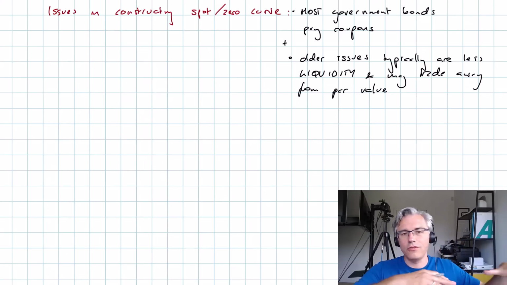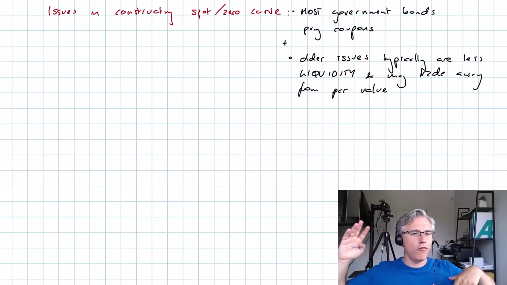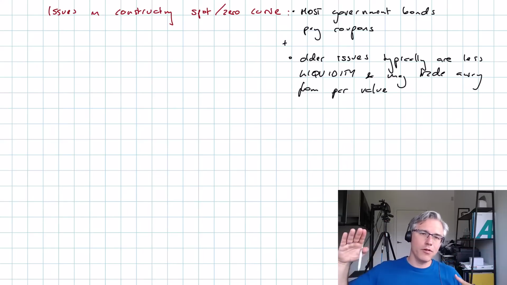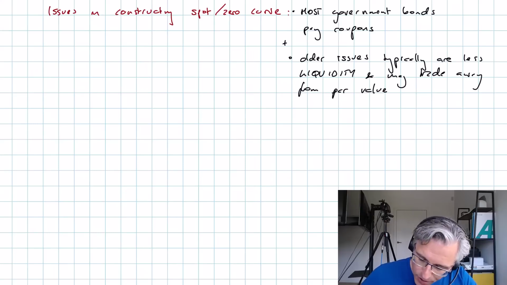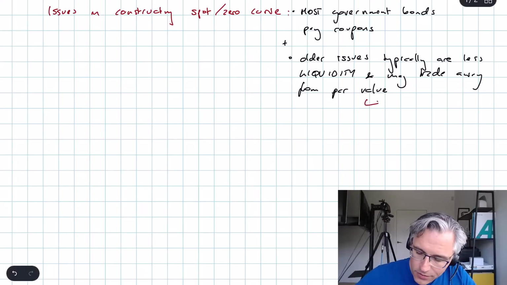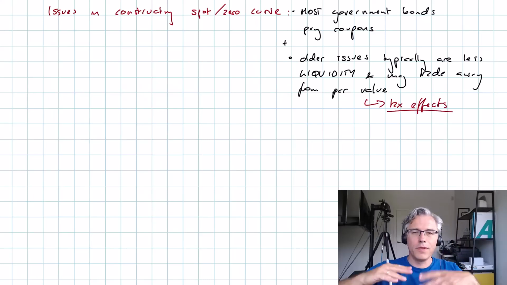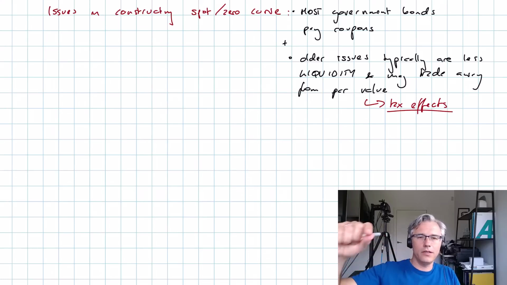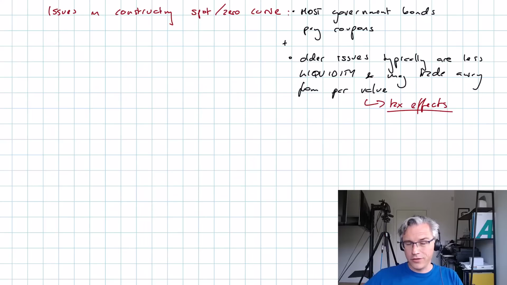If a bond was issued a long time ago, its coupon may be completely off where the coupon would be nowadays. So these things trade either at a premium or a discount to par value, which actually generates a lot of tax effects, which make these bonds difficult to compare, because in many places the difference between the price you pay on a bond and the price you receive in terms of face value will be taxed using capital gains tax, which is different from interest tax.